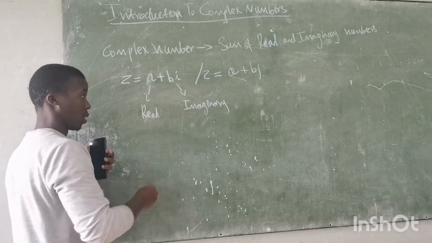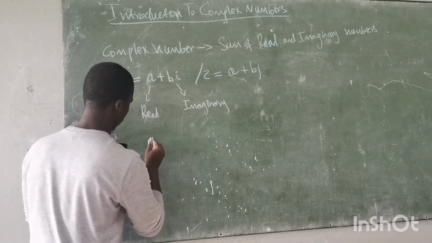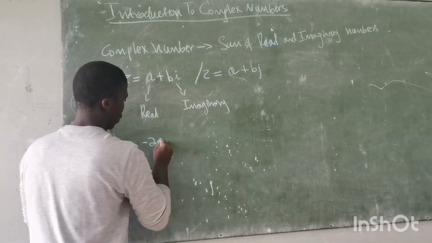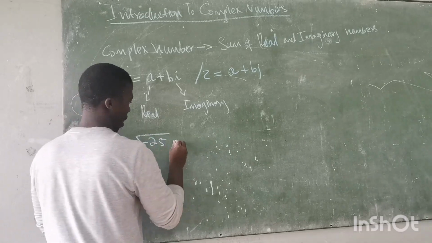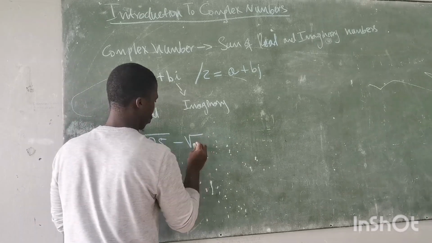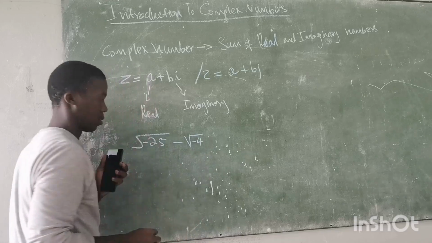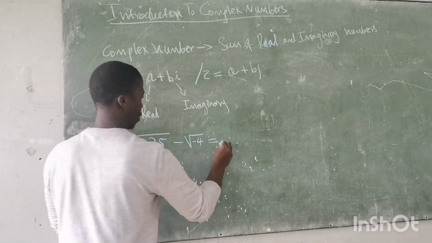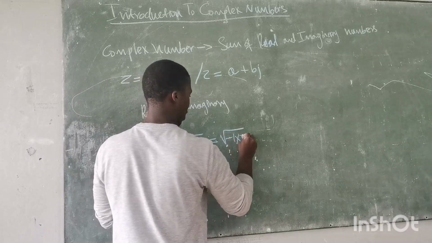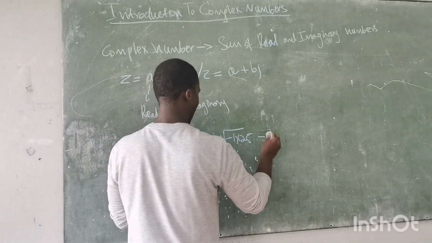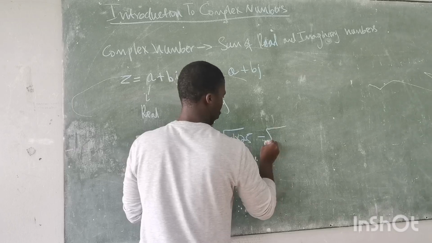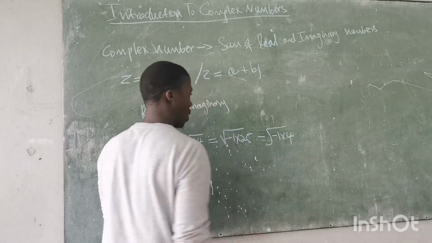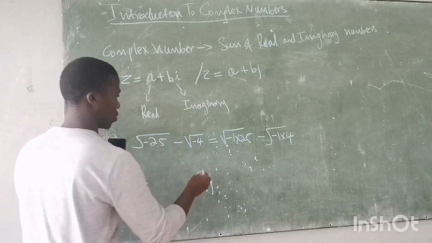So we have root of negative 25 minus the square root of negative 4, right? So we have minus 1 multiplied by 25 minus square root of negative 1 multiplied by 4. We separate the two numbers.